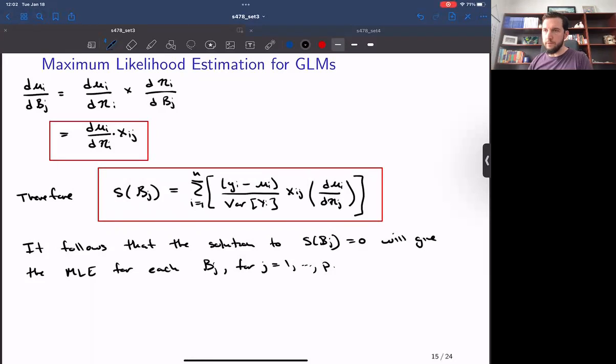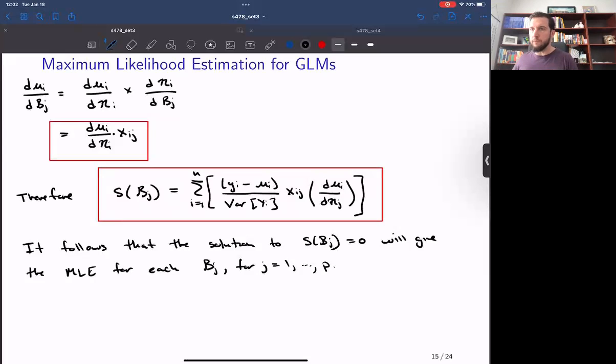We have the score function sorted out, which means we need to set it equal to 0 and solve for the beta j's. It's pretty clear just from looking at it that we're not going to be able to do this through a closed form expression. So we have to take an iterative approach to find these estimates. We're essentially going to structure our own Newton-Raphson, a general Newton-Raphson for the GLMs.